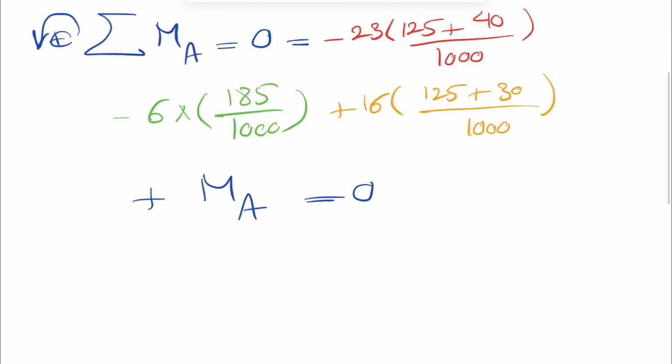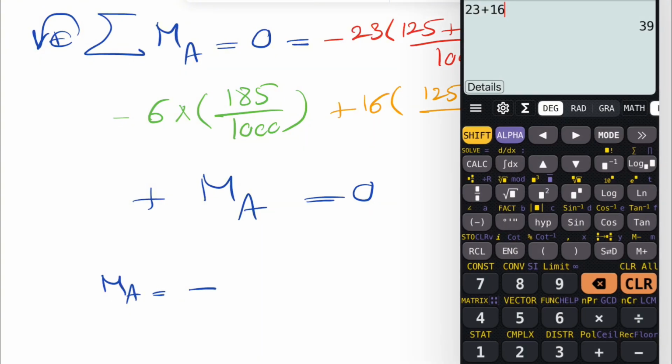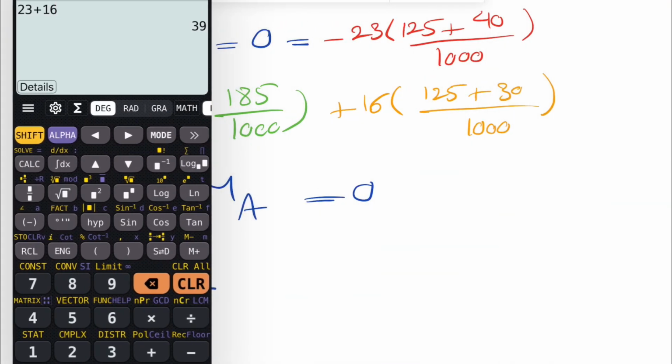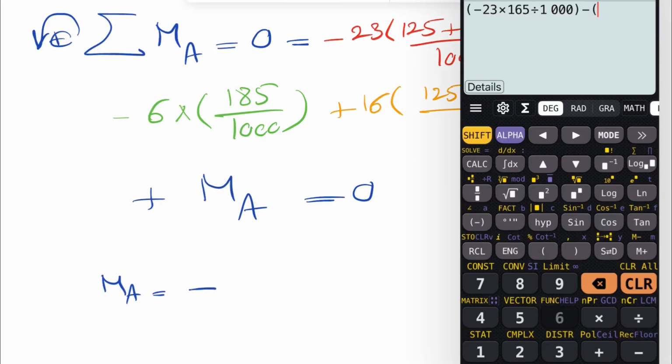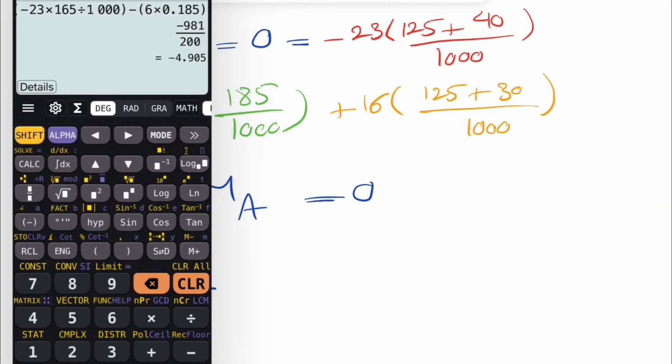So this equals 0, and our MA would be the negative of what we have here: minus 23 times 165 divided by 1000, minus 6 times 0.185, plus 16 times 0.155.